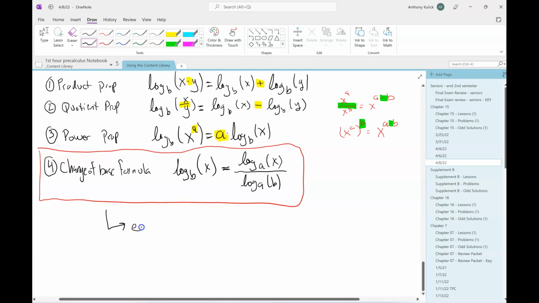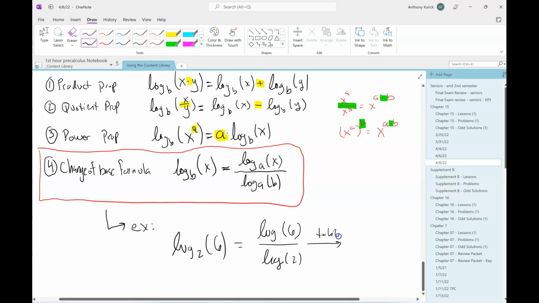So, for example, if I wanted to do log base 2 of 6, back in the day I didn't have a calculator I could type this in. I would have to rewrite this as like log base 10 of 6 divided by log base 10 of 2.